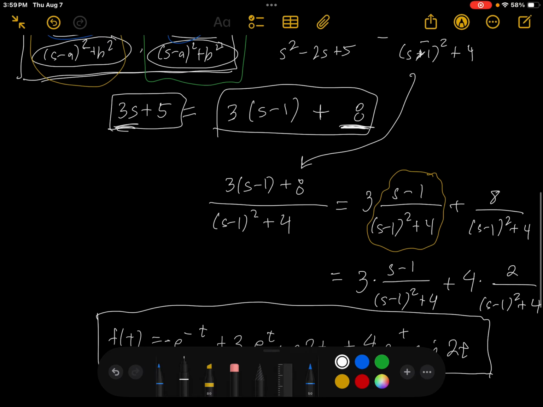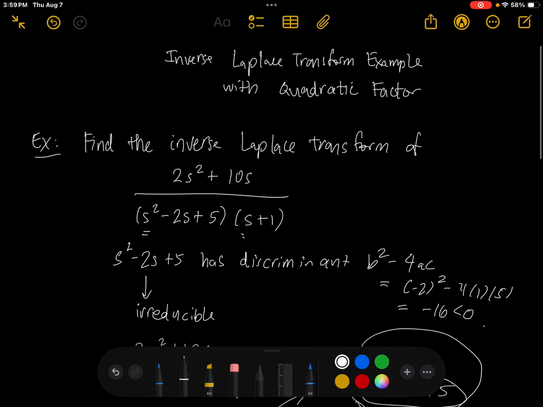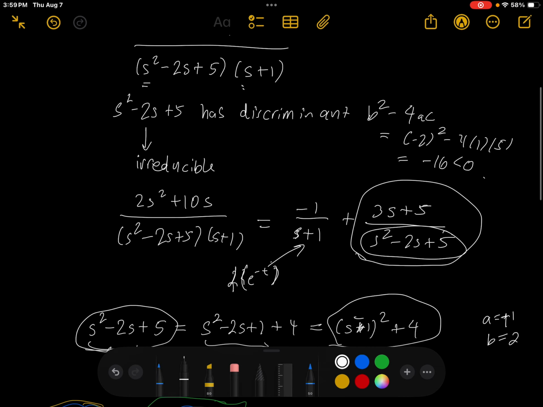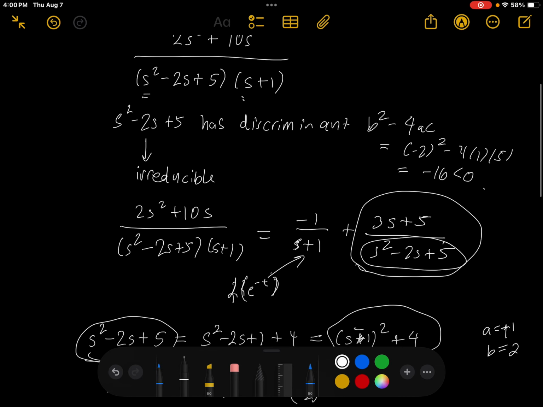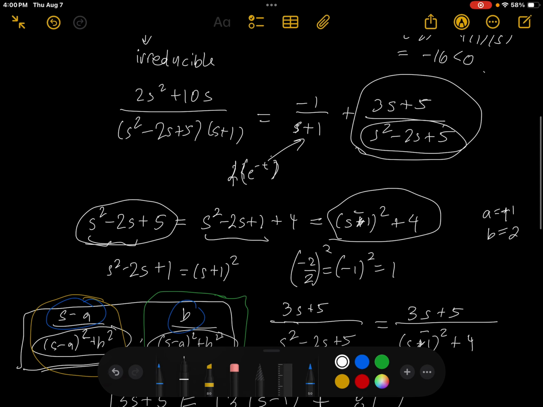So let's just review what we did. When you have this inverse Laplace transform problem with the irreducible quadratic and a linear term, well, in general when you have an irreducible quadratic, you don't necessarily have to have that linear term s plus 1. When you do partial fractions, you're going to get a linear term over a quadratic term, like this 3s plus 5 over this irreducible quadratic term.